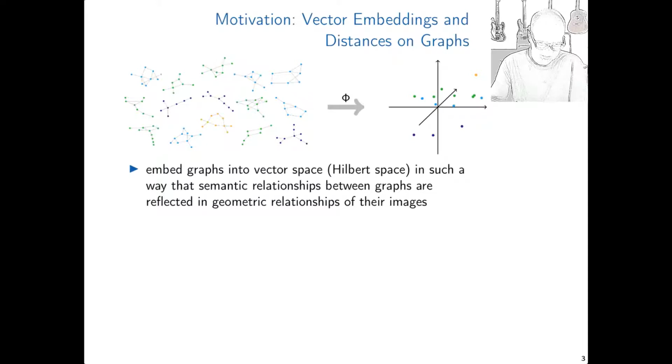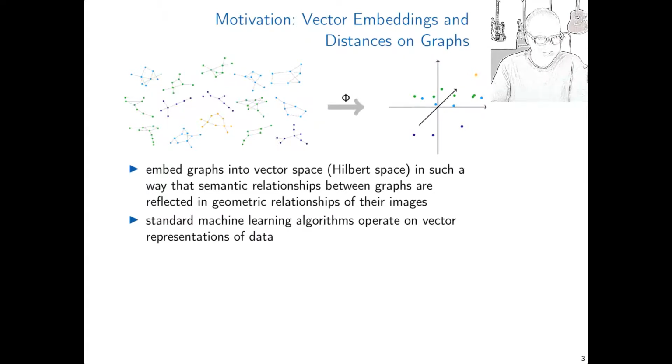Okay, and the idea is to embed the graphs in such a way that semantic relationships between the graphs are reflected in geometric relationships of their images. Now, the easiest instance of this could be that graphs that are somehow similar, for example, structurally similar, should be mapped to vectors that are close to one another. But there can be more complex relationships.